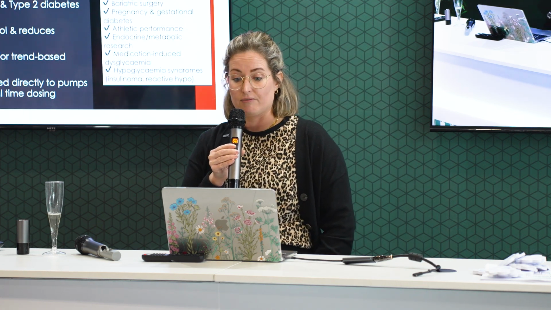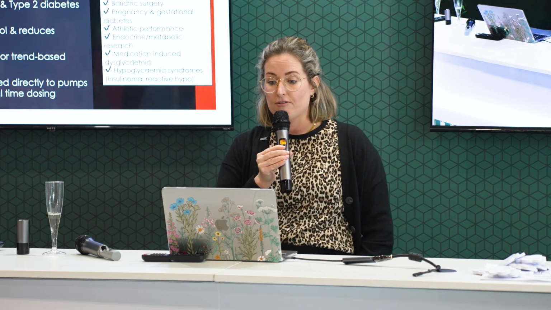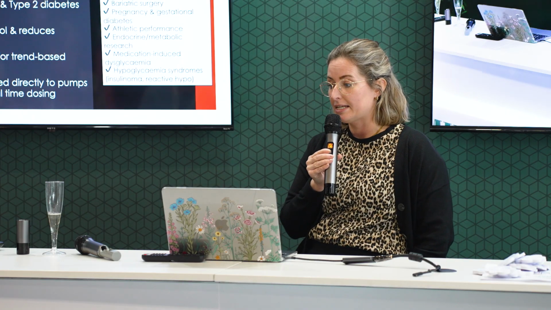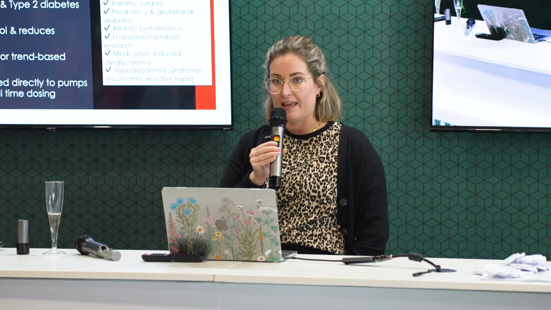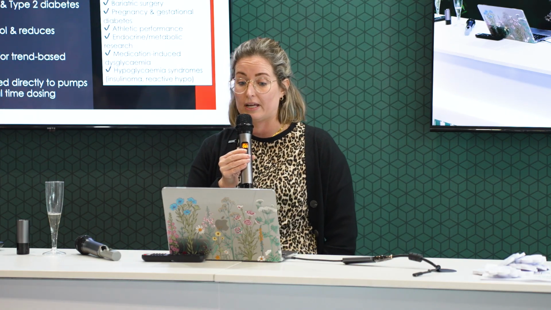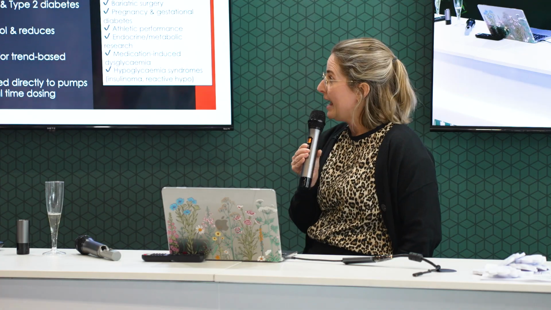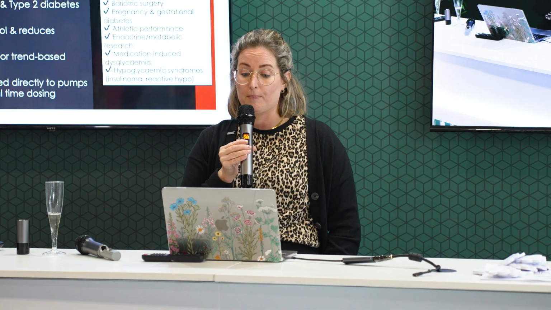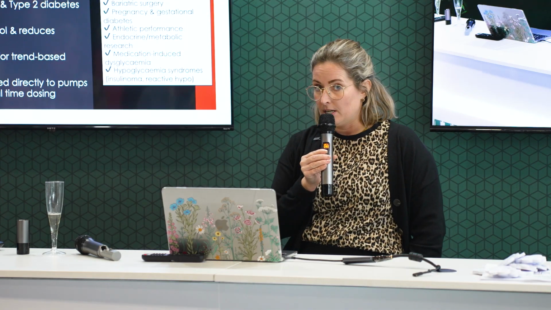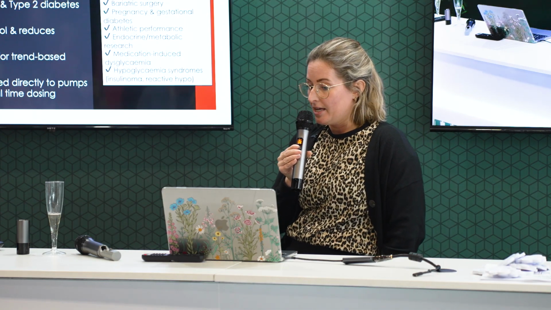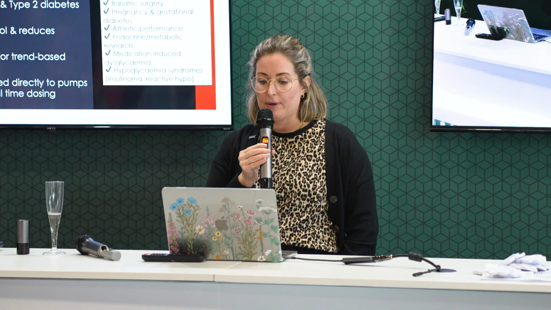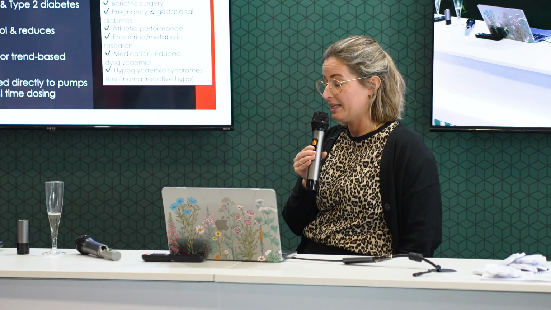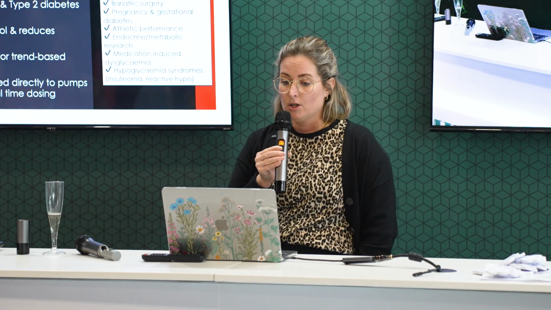Patients with cystic fibrosis can often have an earlier pre-diabetic hyperglycemia phase, so they might be used for monitoring in that group of patients. Any patients with pancreatitis or pancreatic disease, where we might see insulin insufficiency, we can look at using these for monitoring blood glucose.